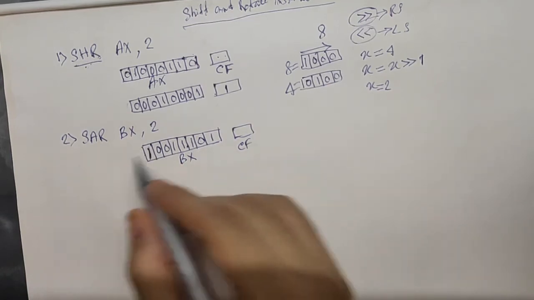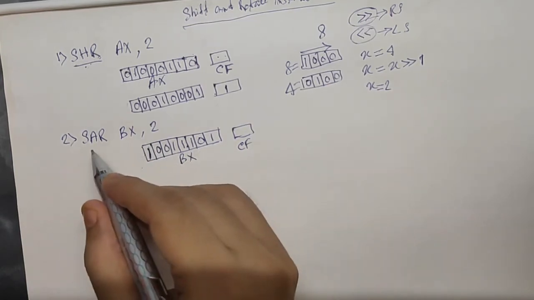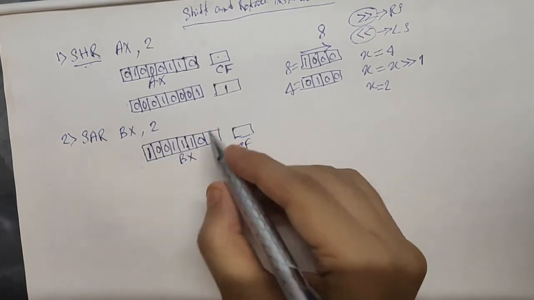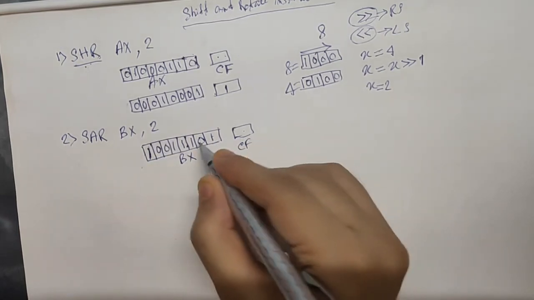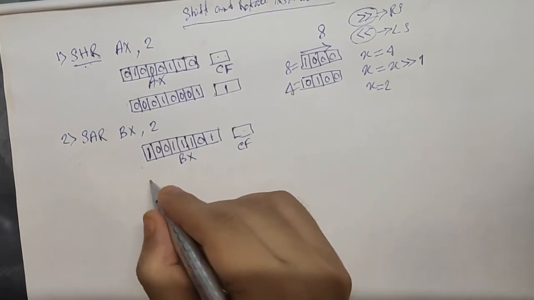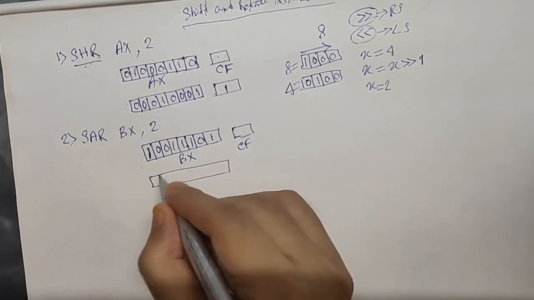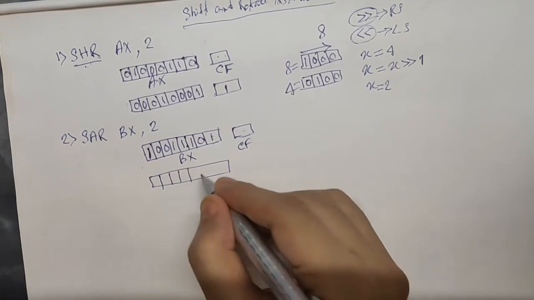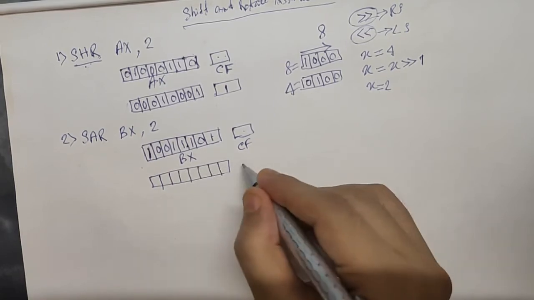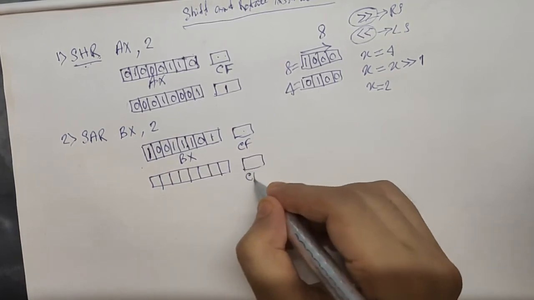So okay, I am doing this again. We need to shift this two times, no problem. This 1 will come here at first, then this 0 will come here. So I am just writing the actual output here. This will be the carry flag.